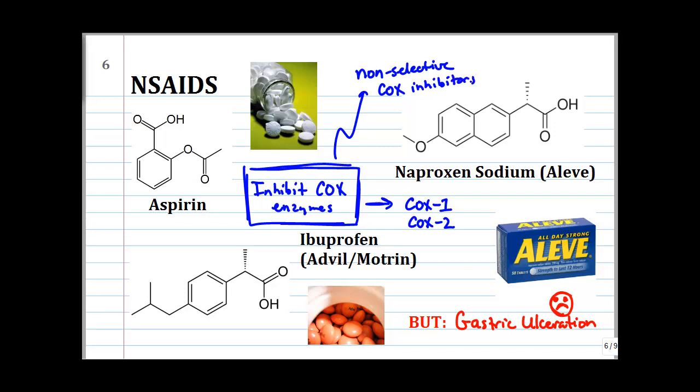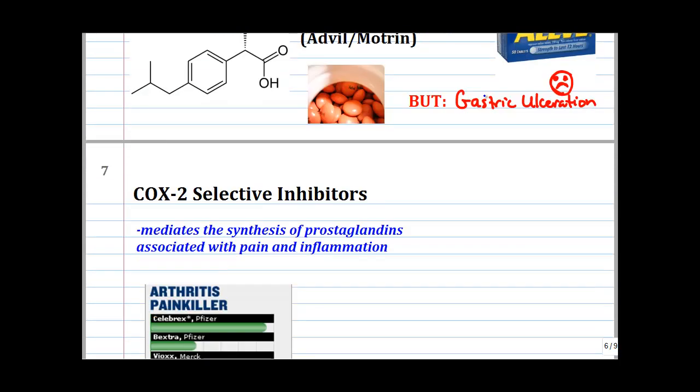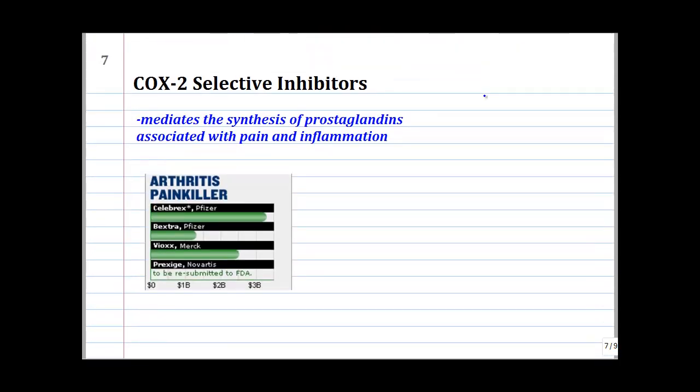Well, to cut to the chase here, what we know is that if you could selectively inhibit COX number 2, then there was some promise that you could decrease the synthesis of prostaglandins associated with pain and inflammation. That's good, because that's what we want.